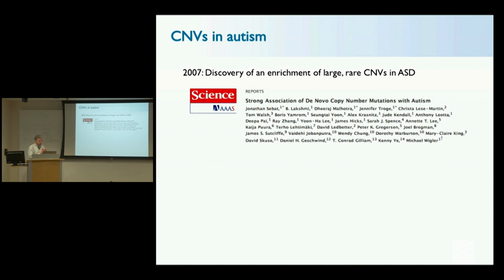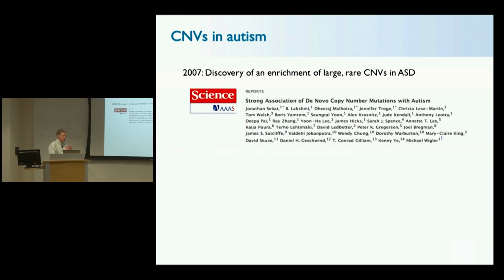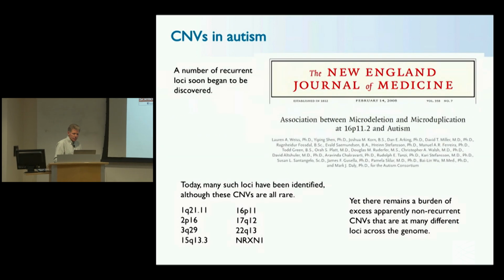In 2007, there was this really interesting report, originally from Jonathan Sebat's lab, that rather than saying, here's a structural variant and it's related to disease, they showed that there was just an enrichment of large deletions and duplications in people with autism. And it wasn't a particular variant, it was just kind of burden of variation overall in the whole genome.